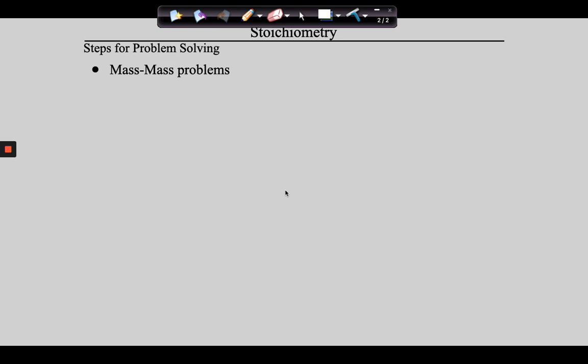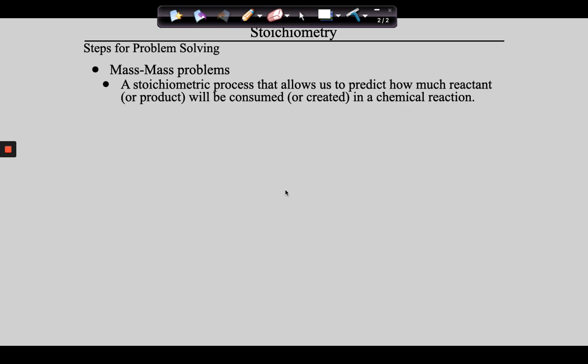But here we go. So guys, stoichiometry is a huge subset of chemistry. But of this subset of chemistry, all you need to do is learn how to solve what are called mass-mass problems. And I think it's going to be helpful for you to define this, so it's worth writing down.